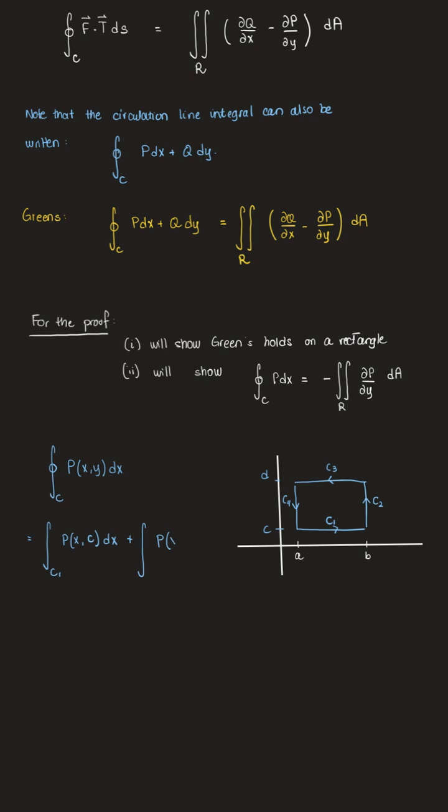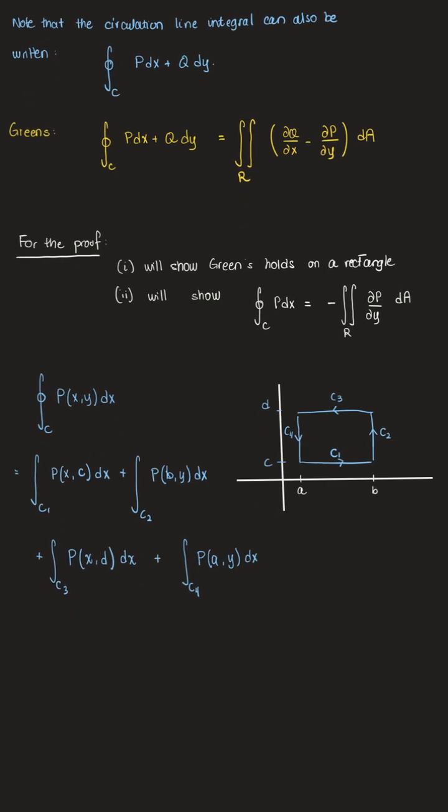So x is fixed at b, and y changes, dx, that's over C2, plus the integral along C3, where x changes but y is fixed at d, plus the integral over the last piece, the curve C4, where x is fixed at a and y is changing, so I'll just write that as P at y and dx.